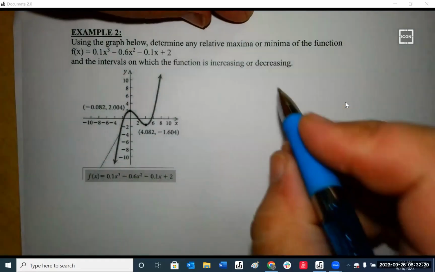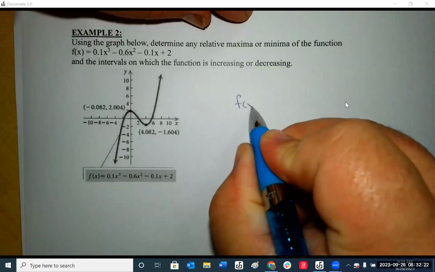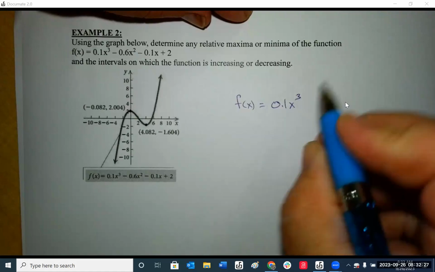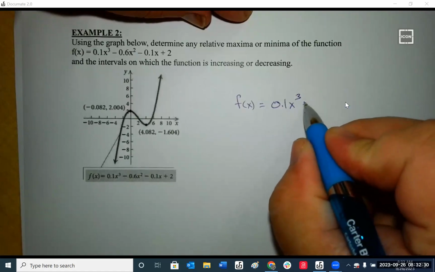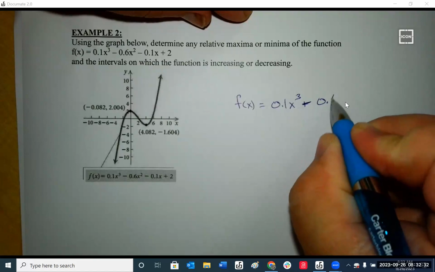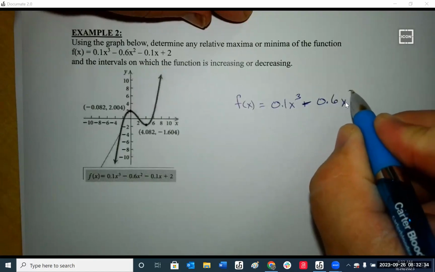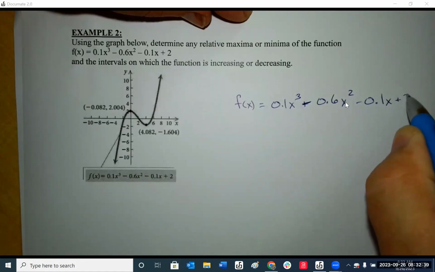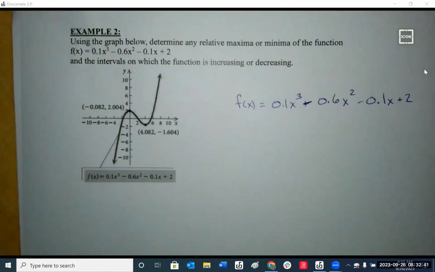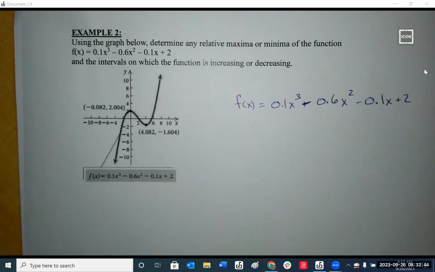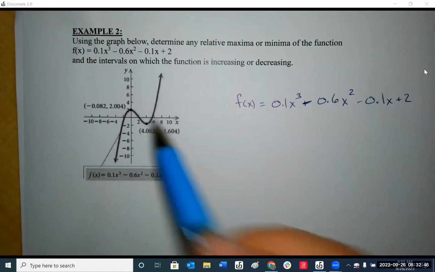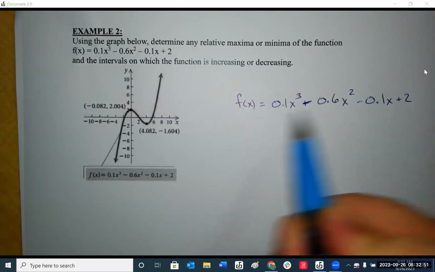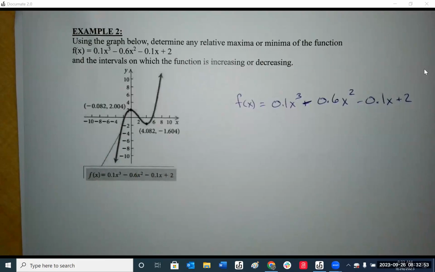One thing, within the next few chapters, I need you guys to memorize the library of functions. Because you're going to get to a point where I can give you the function and you're going to tell me the graph, just by looking at the equation, automatically.